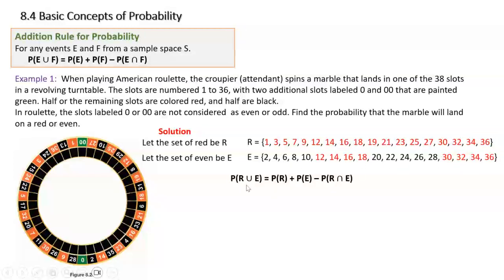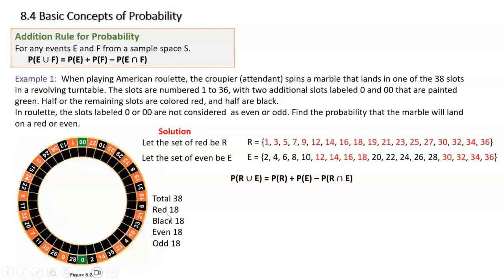Okay, now, so this is my formula, right? So we're trying to find red or even. That's why this is the formula we use, because the U stands for or, union. That's why the key word is red or even. So we know this is the formula that we're using. So then we have to go to the right.